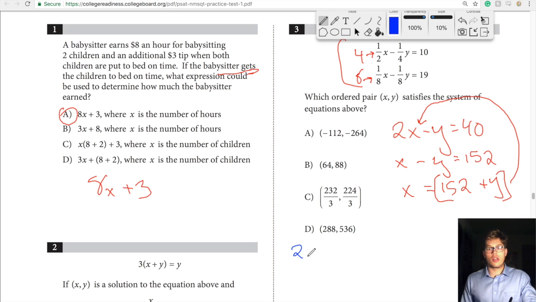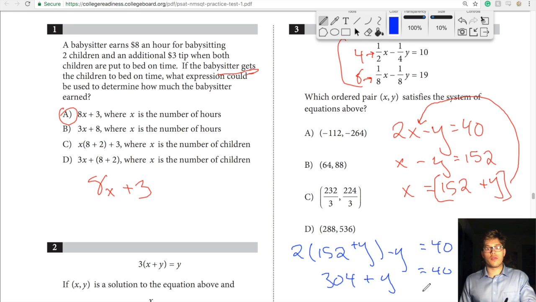We get 2 times (152 plus y) minus y equals 40. 2 times 152 is 304, plus 2y minus y. That's just going to be a single y, equals 40. Then we subtract 304 on both sides to get y equals negative 264. And so A, again, is going to be our answer.